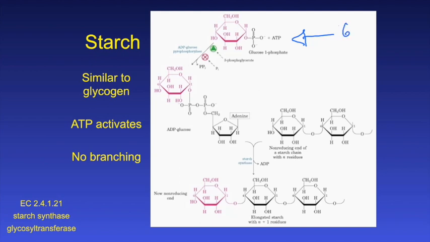Okay? So glucose 6-phosphate. My G and my 6 look very, very similar. Okay? Can be converted using a mutase into glucose 1-phosphate. That is the entity that starts down the pathway to make polymers of sugars.